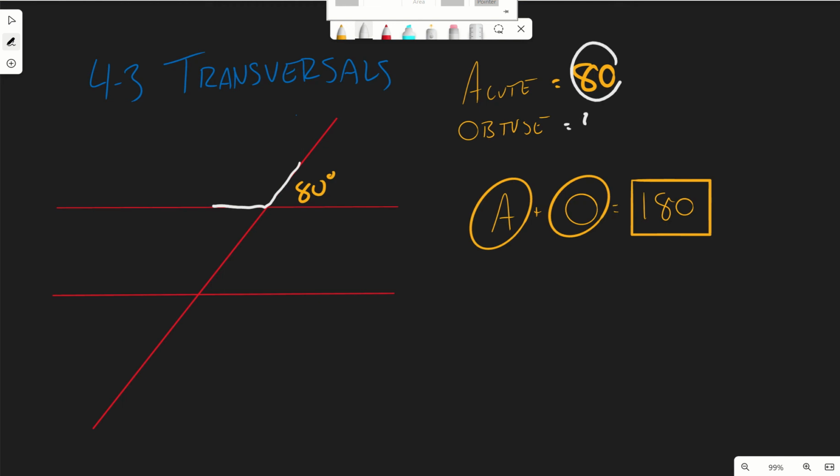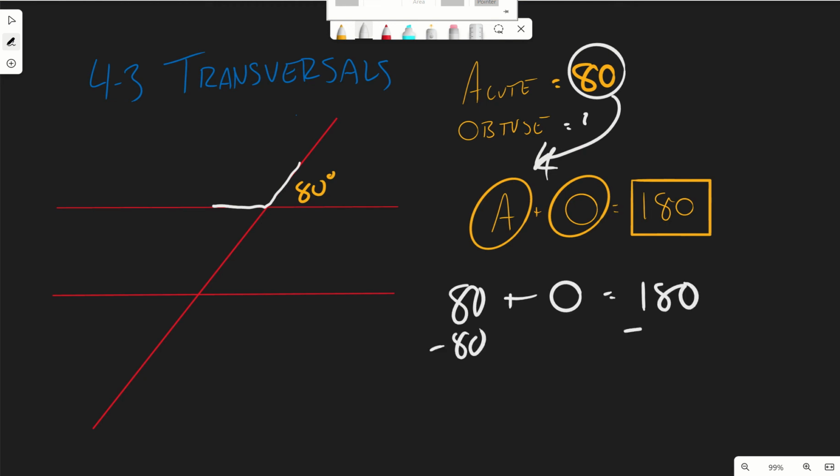Well, we plug 80 into our equation. We say 80 plus our obtuse angle equals 180. Minus 80, minus 80. We get our obtuse angle is 100 degrees. So all my acute angles will be 80. All my obtuse will be 100 degrees.